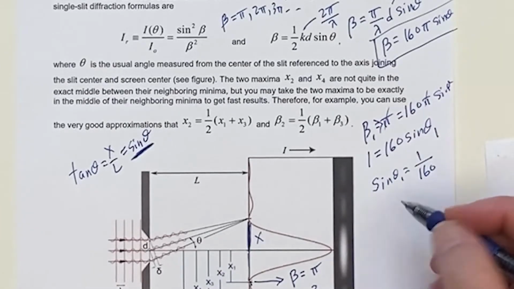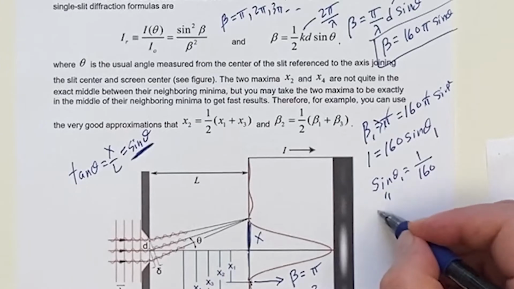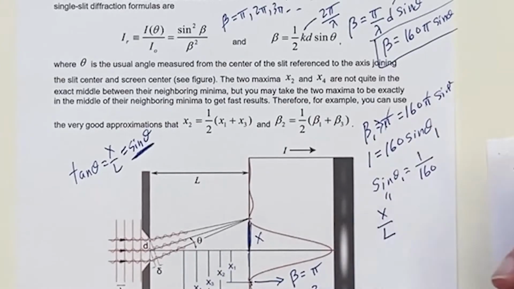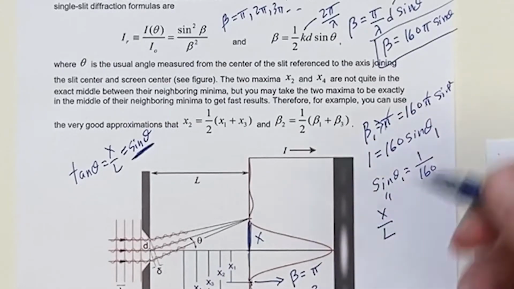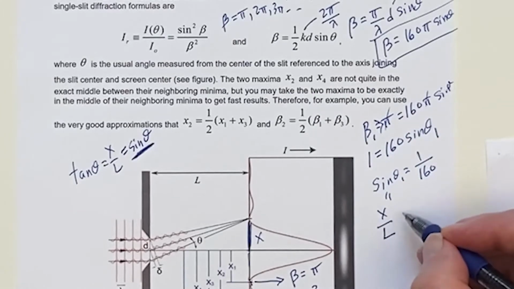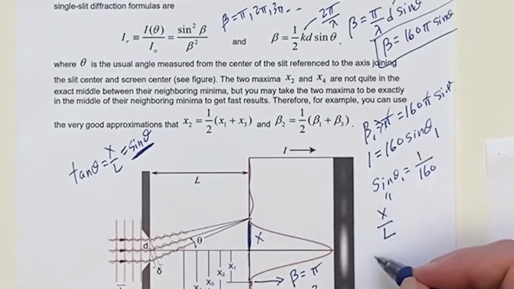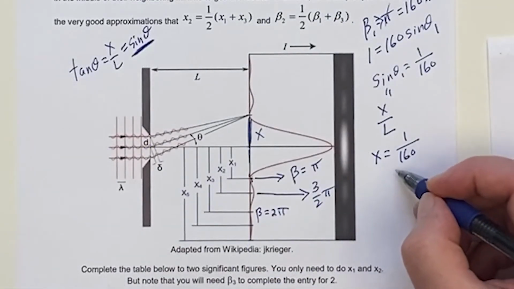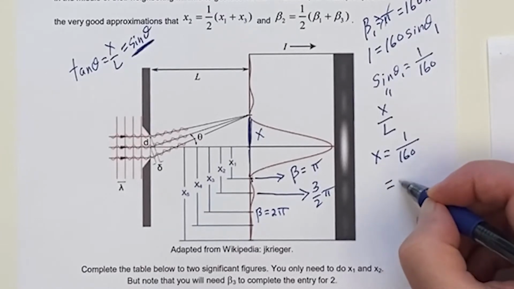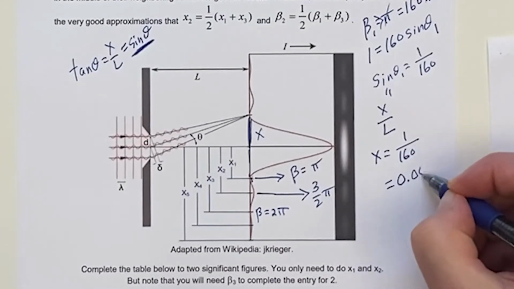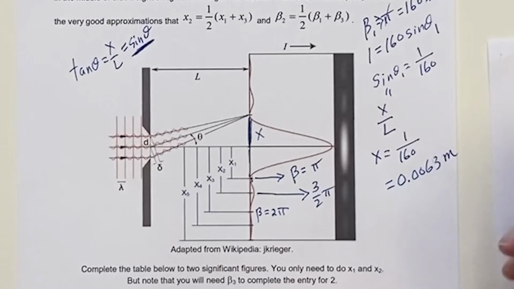And that is, remember my formula, this is x over L. But they said L was 1 meter. So if L is 1 meter, then I just want 1 meter divided by 160. We do that division, we're going to get here with the calculator 0.0063 meters.